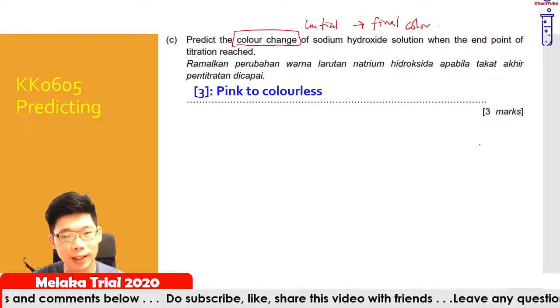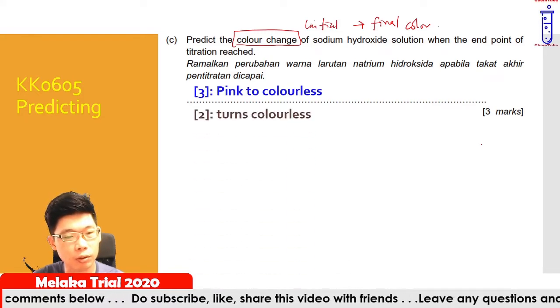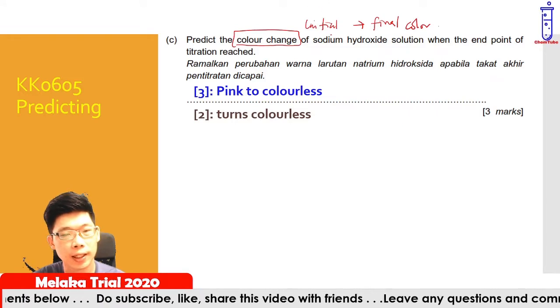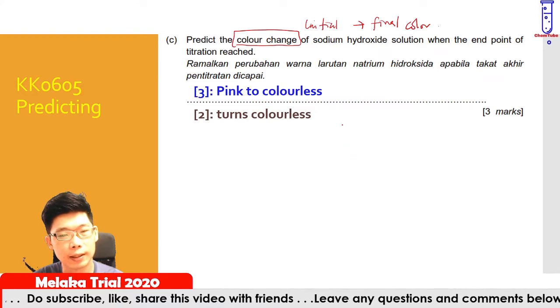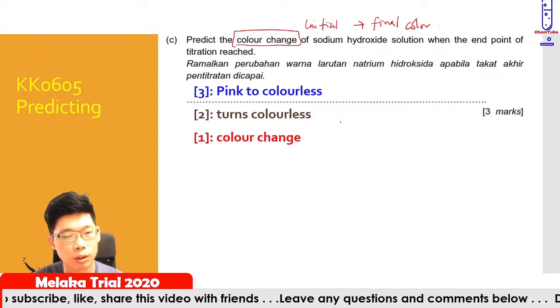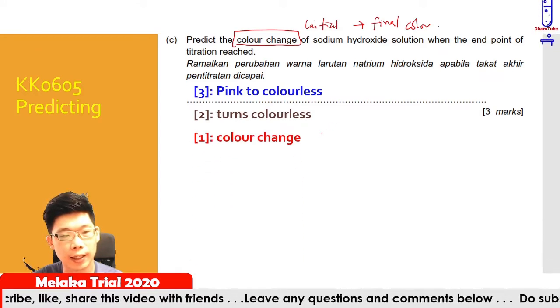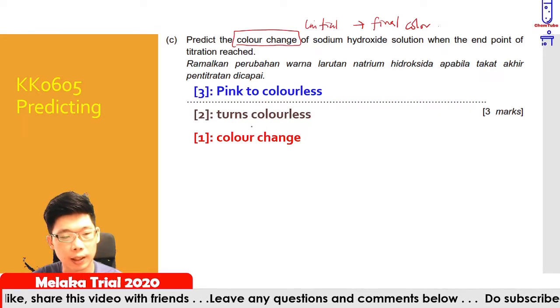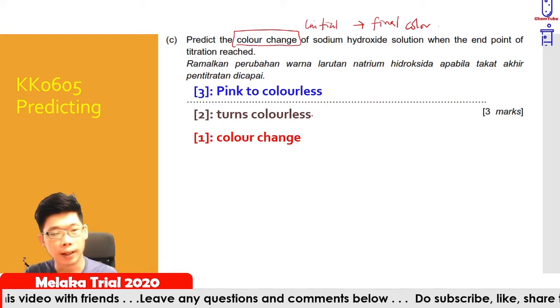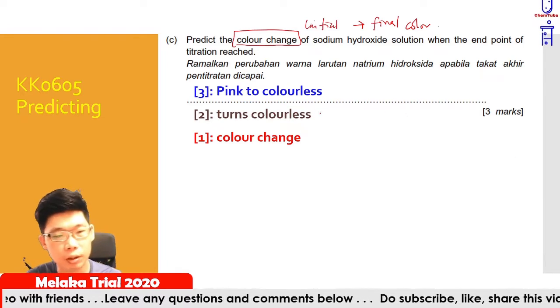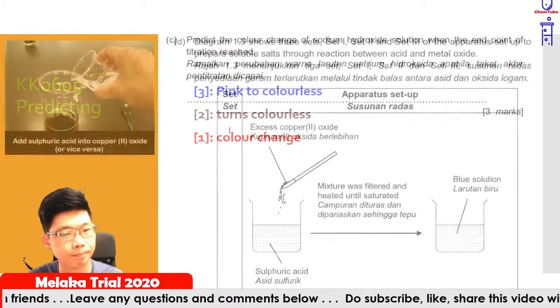Pink to colorless, so score 3. For score 2, without mentioning the initial color, just mentioning turns to colorless, it's score 2. Score 1, not mentioning any color change, just mentioning the color is changed, so you do not specify the color change from pink to colorless.